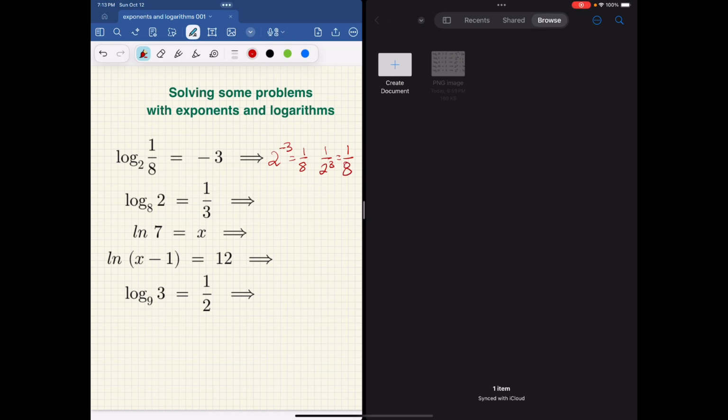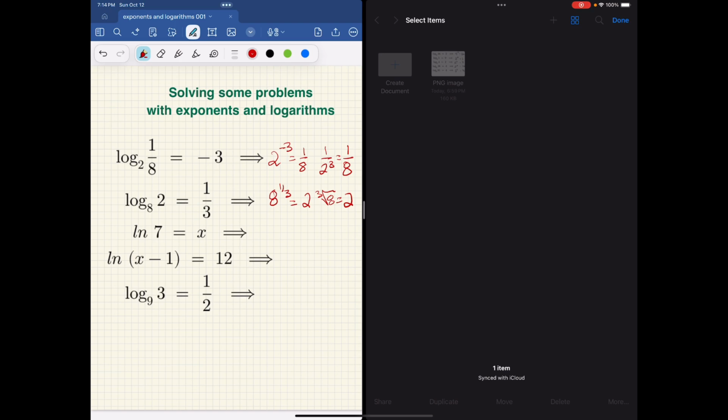Log base 8 of 2 equals 1/3. That's the same thing as saying that 8 to the 1/3 power equals 2, which is the same thing as saying that the cube root of 8 equals 2.